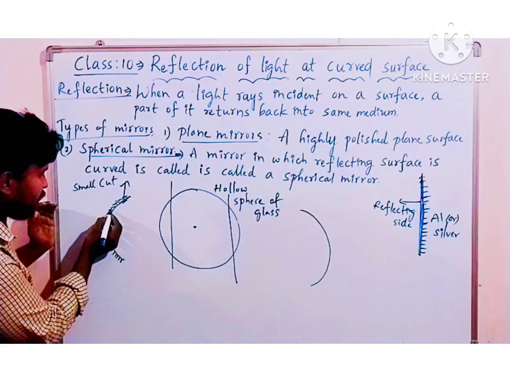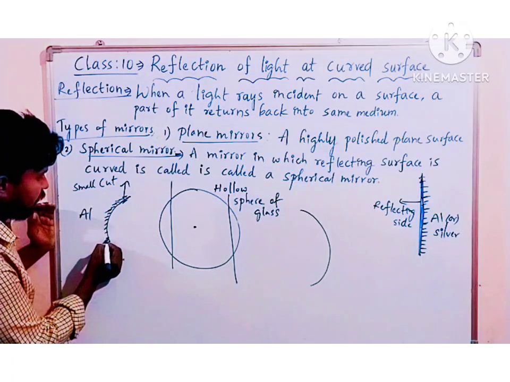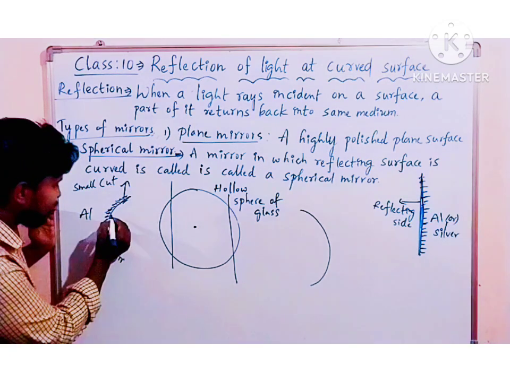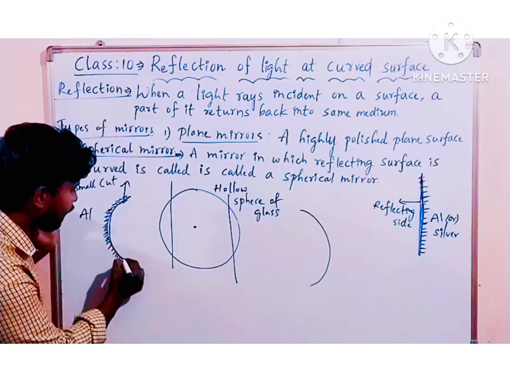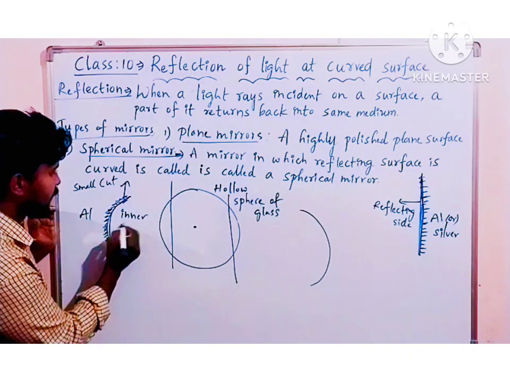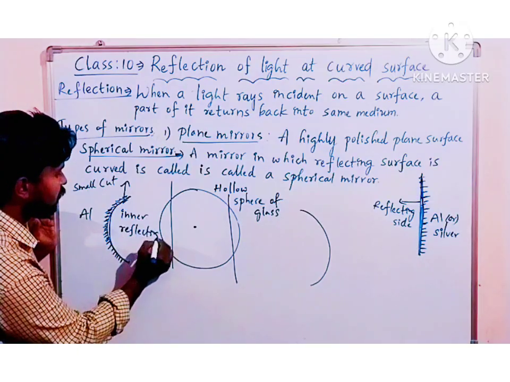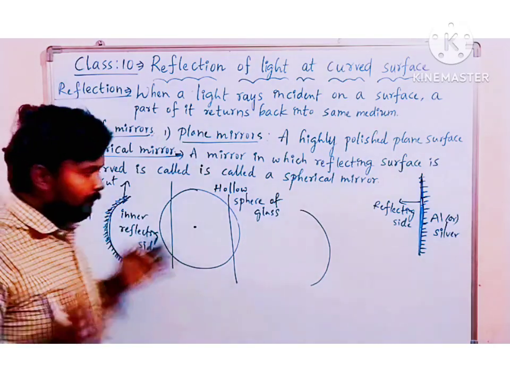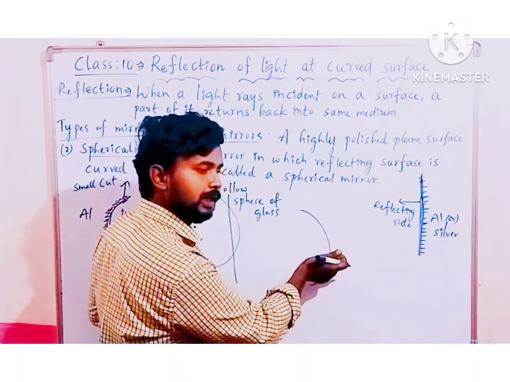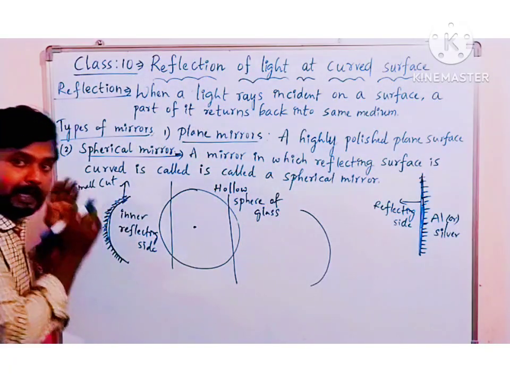When we coat the outside with silver or aluminum, and after coating do the paint, this inner side will act as a reflecting surface. In the same way, the outside coating leaves the inside, the hollow side, as the reflecting surface.